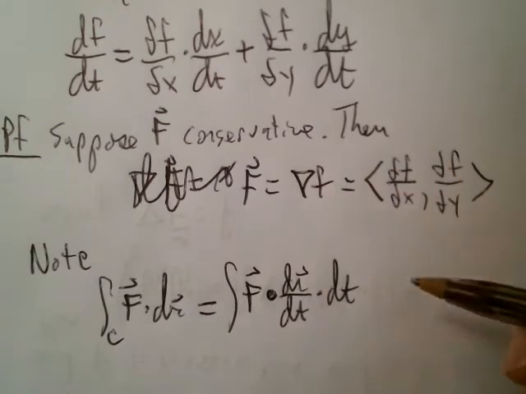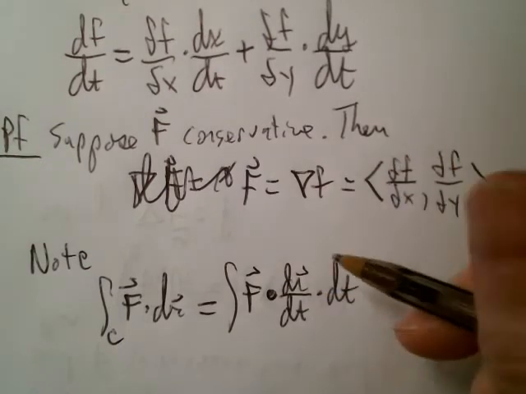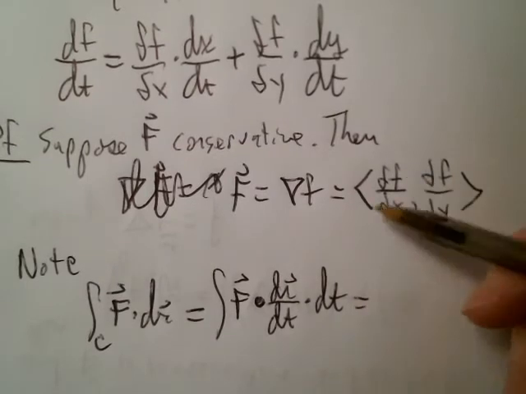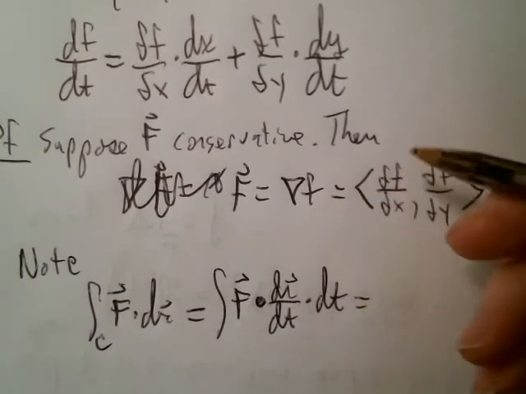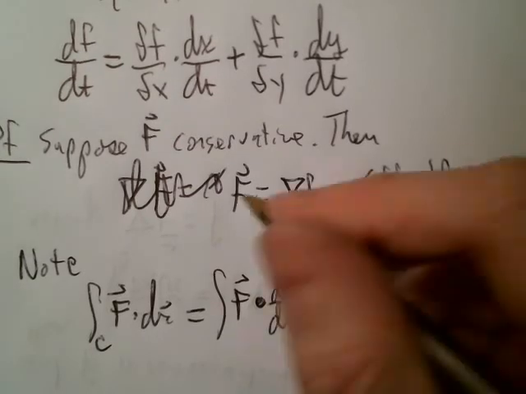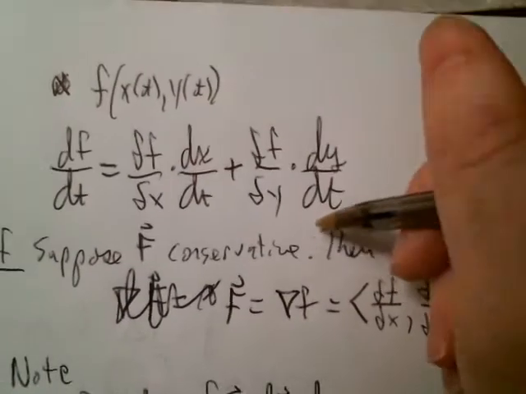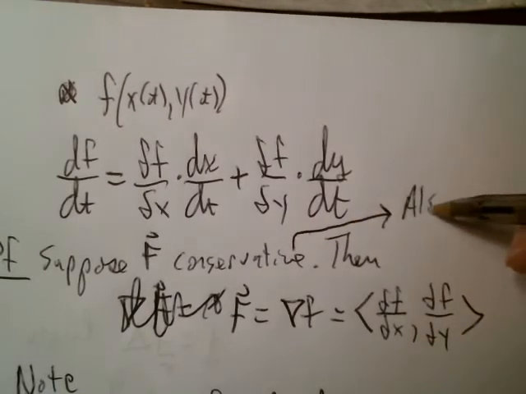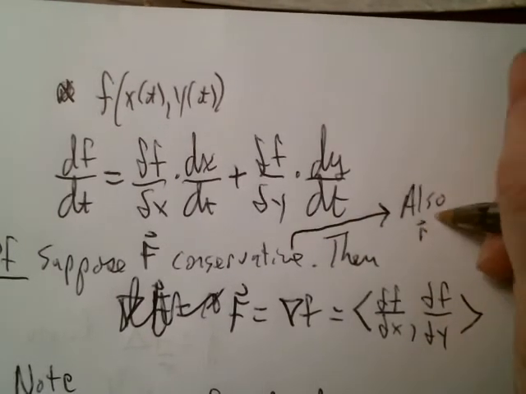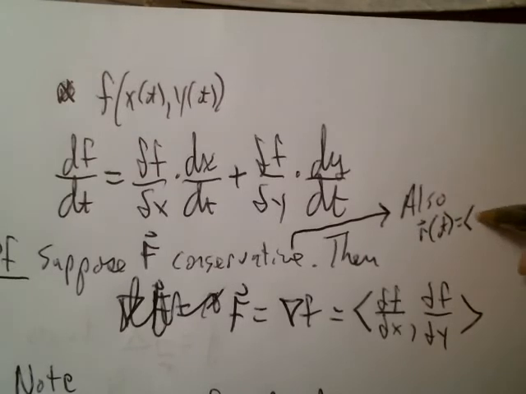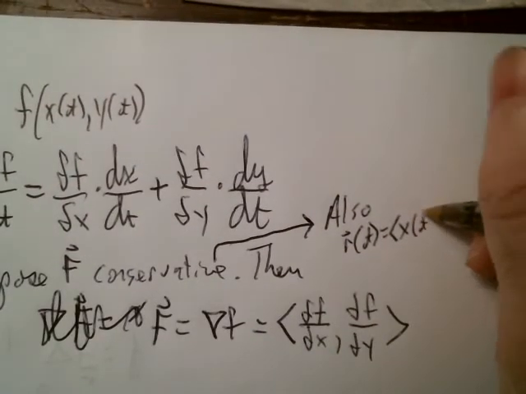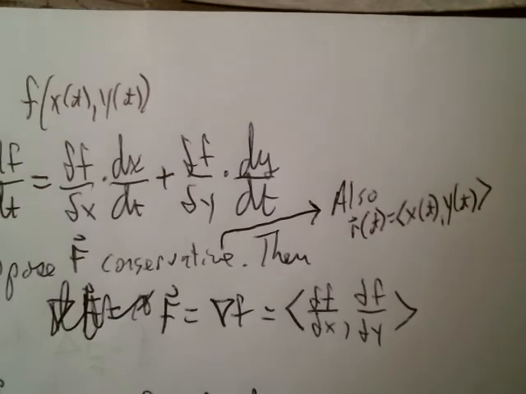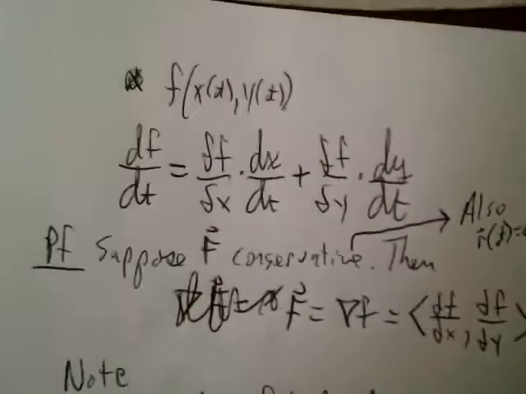This is the dot product, and then this is just times dt. So you would be given this r function somewhere. Suppose f is conservative, but you're also given r of t is equal to x of t comma y of t, and that's the curve you're integrating over.